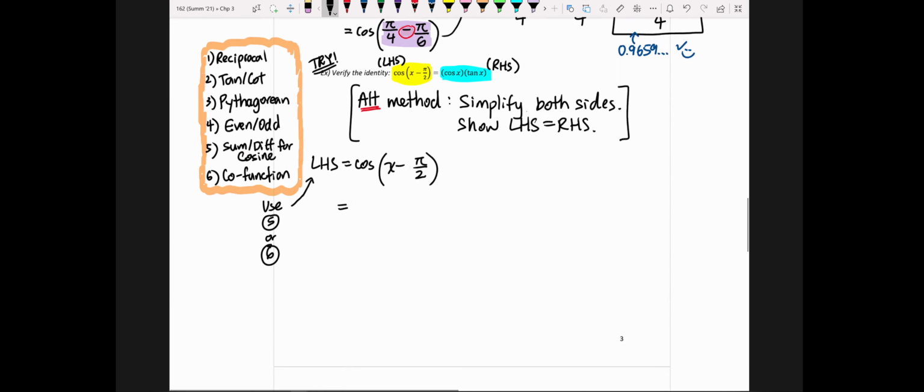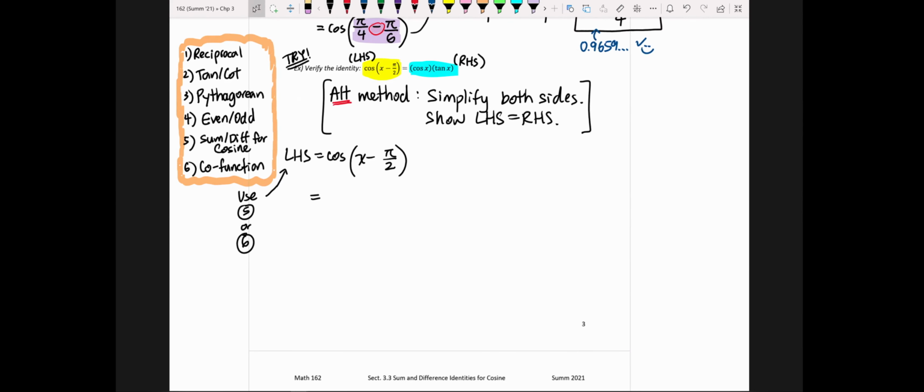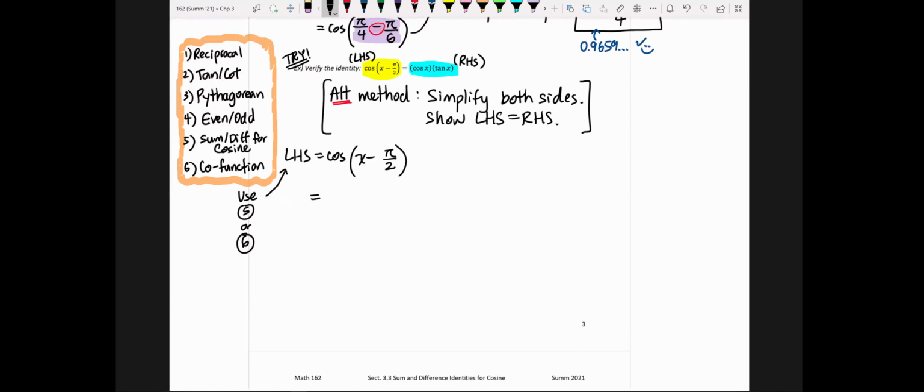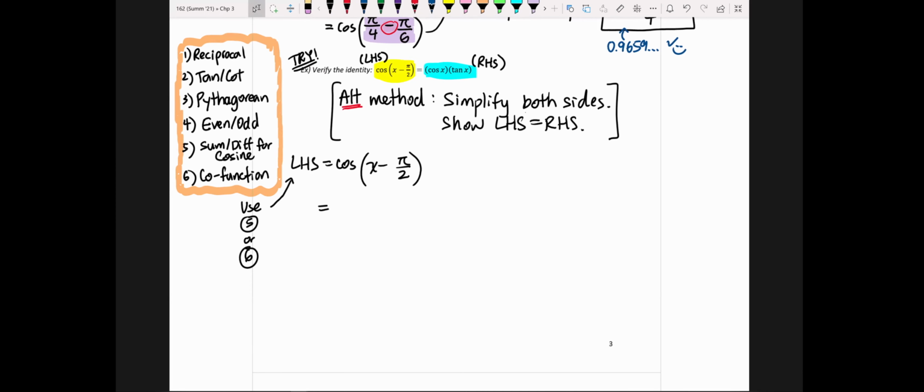Please share. Sum and difference. Okay, I'm seeing most students use the sum and difference. That works.